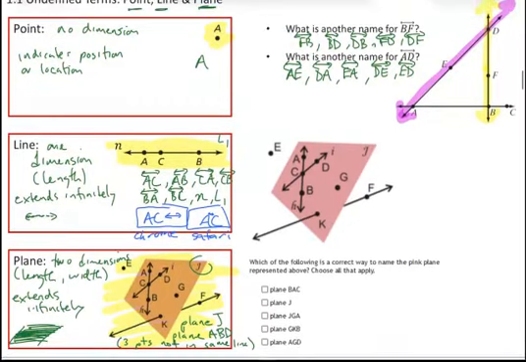All right, if we look at the next example here with this plane, you want to find what's a correct way to name that pink plane. Let's just go through one by one and see yes or no. So BAC, can BAC be used to name that plane? No. And the reason for that is you can't use the same line, right?